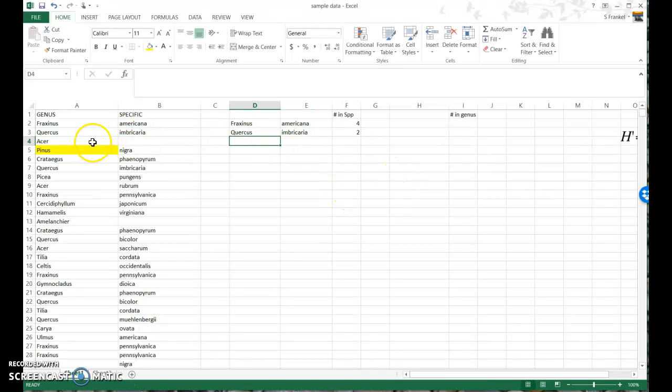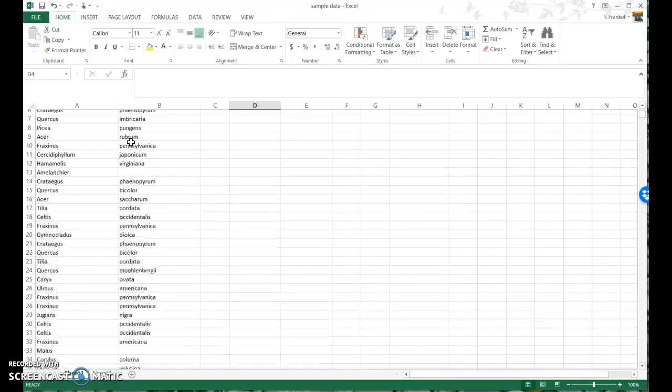All right, my next one's a little odd. You'll notice that the list pulled up Acer, and then it was blank. If you look down, you notice I've got Acer rubrum down here. We're going to say this is different, because this one is identified here, this one's not. So we'll use anything that's an Acer and a blank and record that.